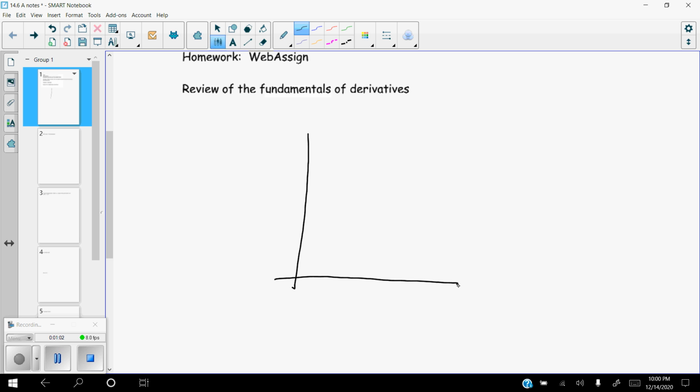So if we were to take some kind of a function, whatever this function is, and we were to say, maybe at this point right here, we'll call that x sub 0. And we're going to have some other point over here. We'll call that x sub 0 plus h. So we're just adding some distance h. The distance between those two things is h.